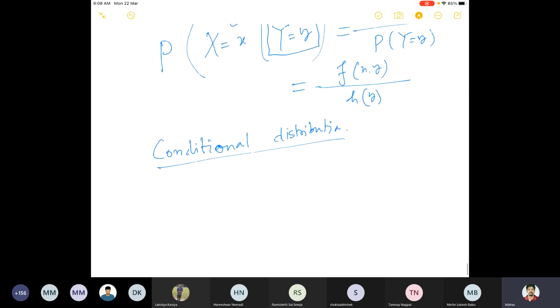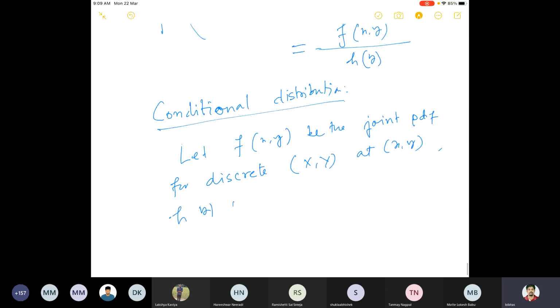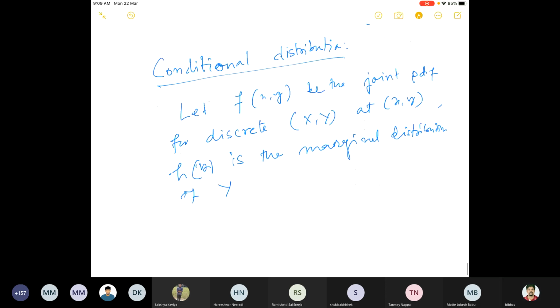Let f(x,y) be the joint PDF for, let's say, a discrete pair of random variables X, Y, and let h(y) be the marginal distribution of Y at y.